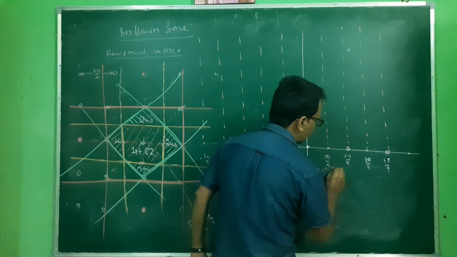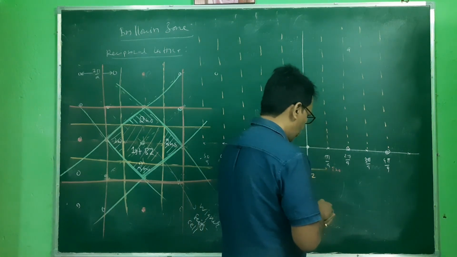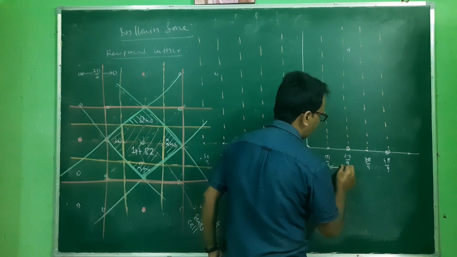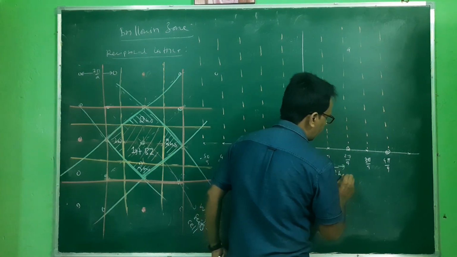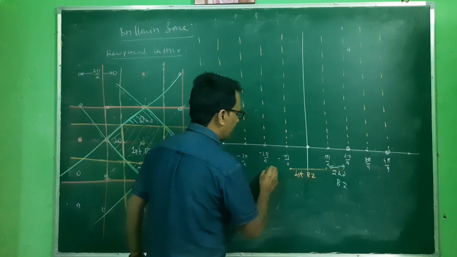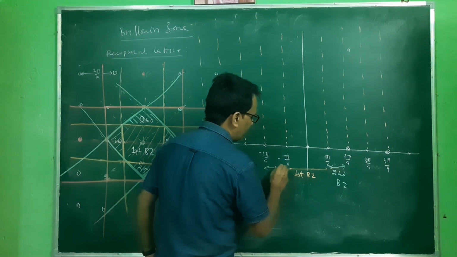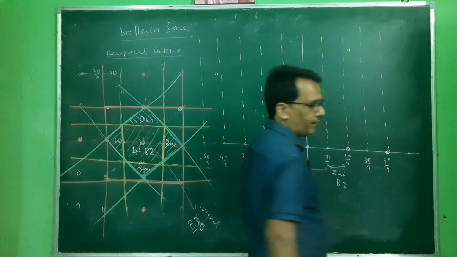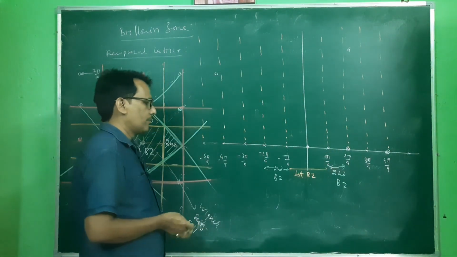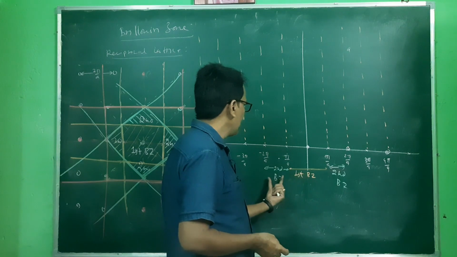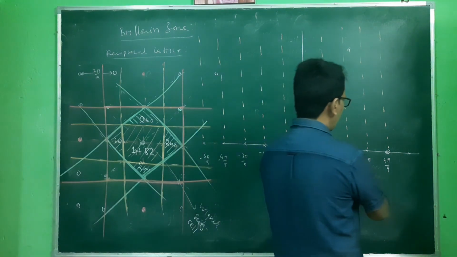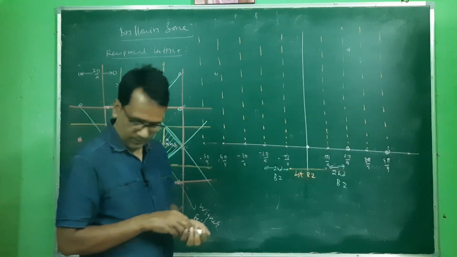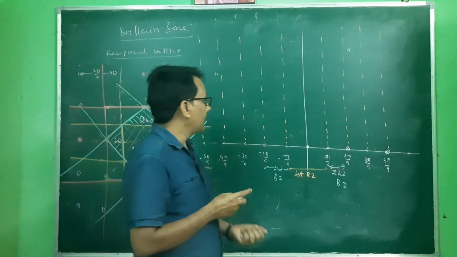So this is the second Brillouin zone, and here this is also the second Brillouin zone, and similarly this will be the third Brillouin zone, and the rest of the Brillouin zones successively. Now let us try to draw the E-K diagram.